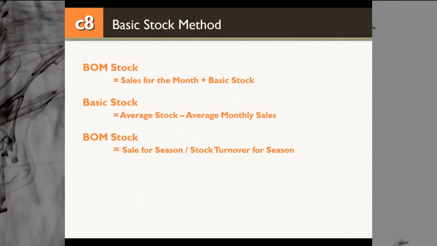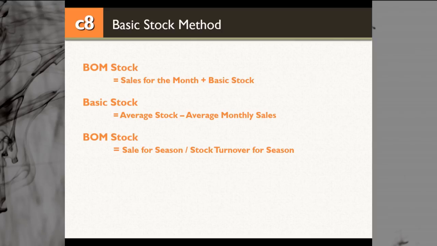Once again, the concept of basic stock is that you're adding the same amount of stock, this basic stock amount, to each month's stock inventory. That's how much you need for the inventory for each month or for the season.